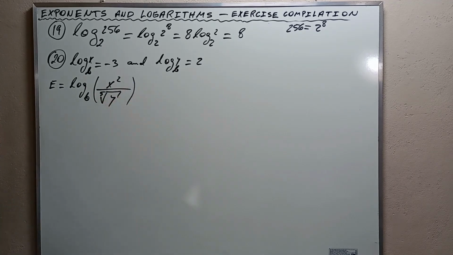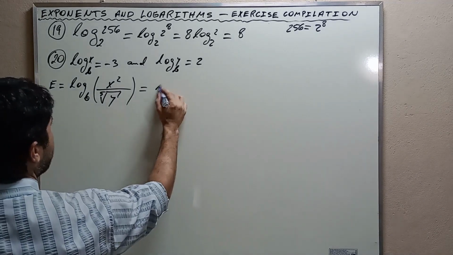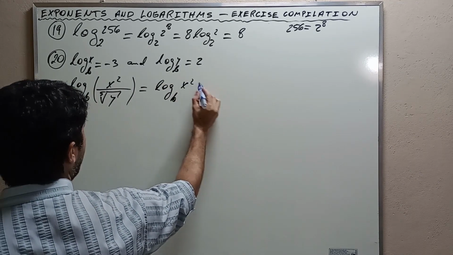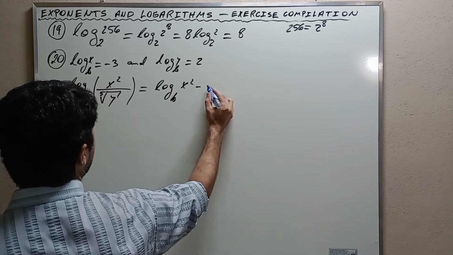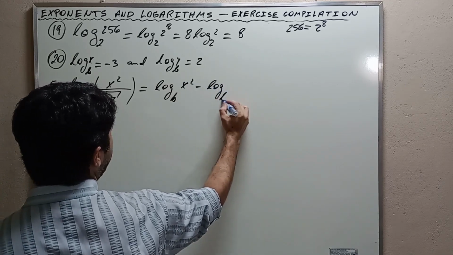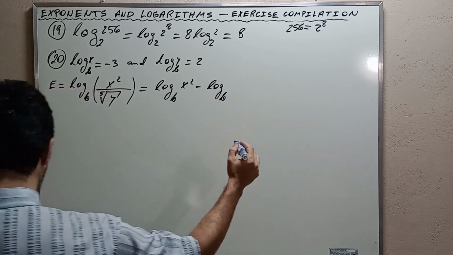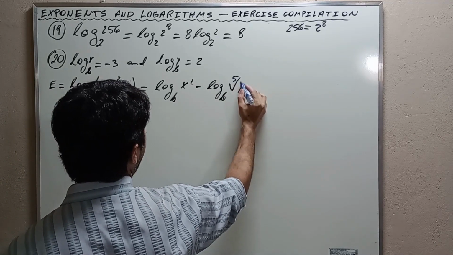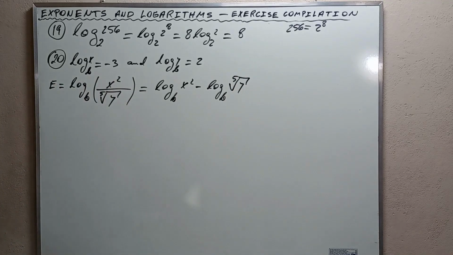Okay? This is what we are going to do, and we are going to use the property of division. It is then the logarithm base b of x squared minus the logarithm base b of the fifth root of y. Okay?